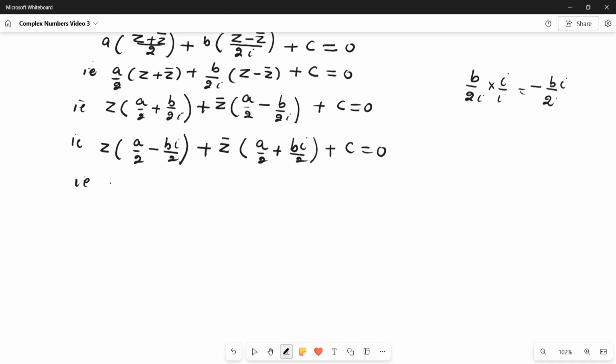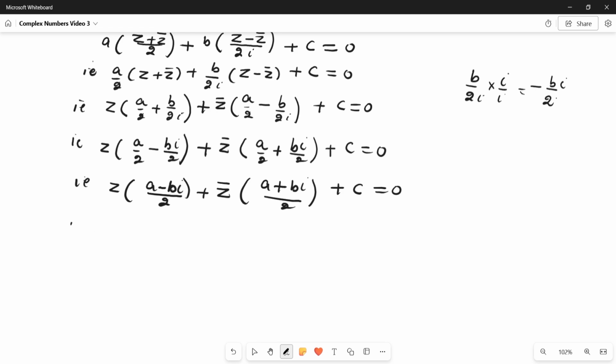That is z into a minus b iota upon 2 plus z bar into a plus b iota upon 2 plus c equal to 0.